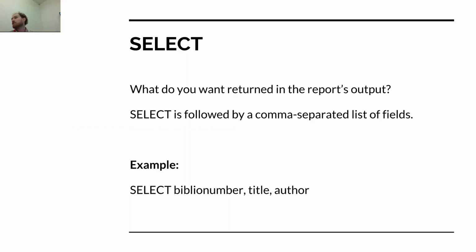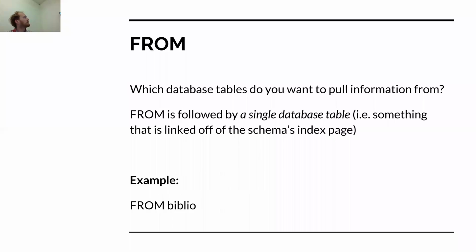That'll pull those 3 fields back. From is the easiest one: you just use a single database table. We'll learn how to get data from multiple tables in the next section. So from biblio, pretty easy. And those 3 fields I just listed are in the biblio table.